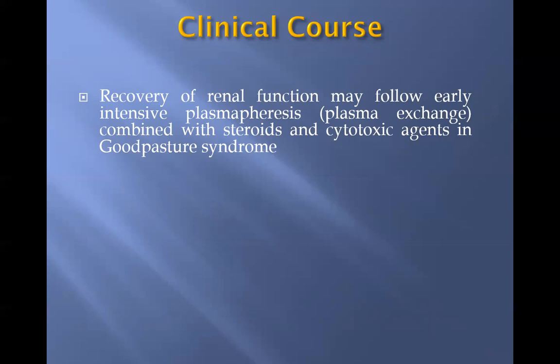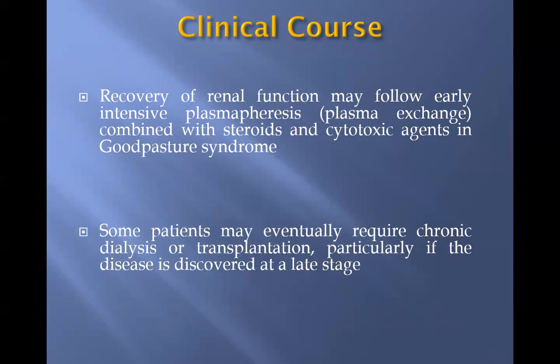The blood which has antibody is taken off, and fresh blood is put in to help the patient, right? Some patients may eventually require chronic dialysis and transplant, particularly if the disease is discovered at a late stage. As I have shown you in the last picture, once the crescent has almost collapsed the whole glomerulus, there is no chance of recovery. Then the patient has to go for dialysis.